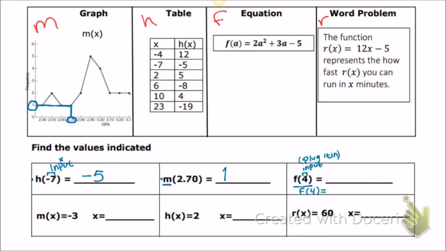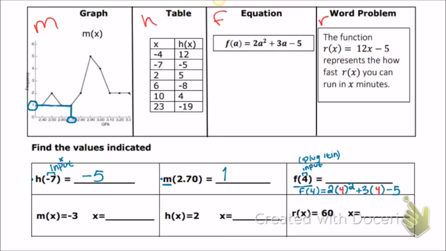The operation between 2 and A squared is multiplication. So 2 times the input squared, and the input is 4. Now we need to continue because we have a plus 3 times A, which instead of writing A, we're going to write the input, and then -5.